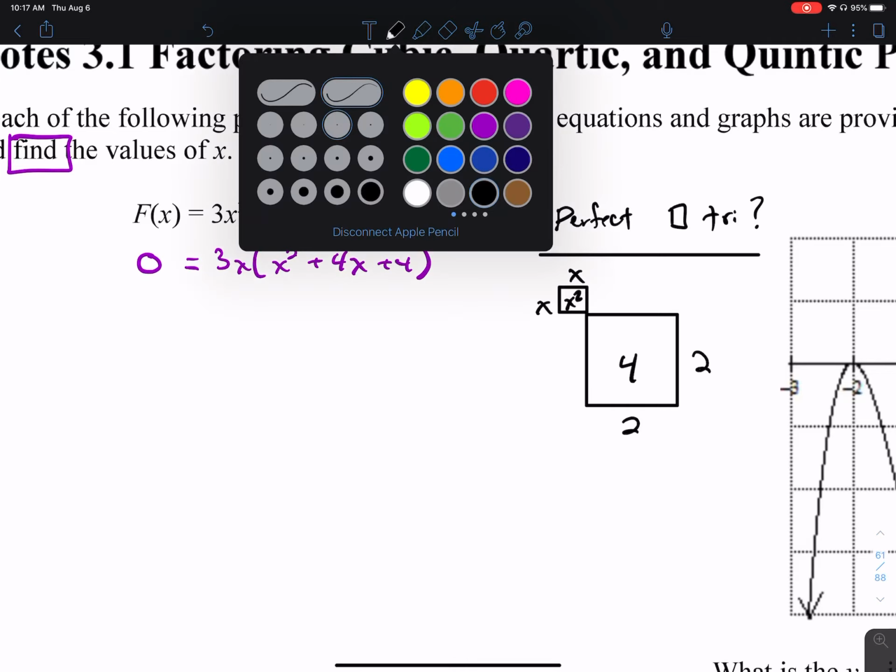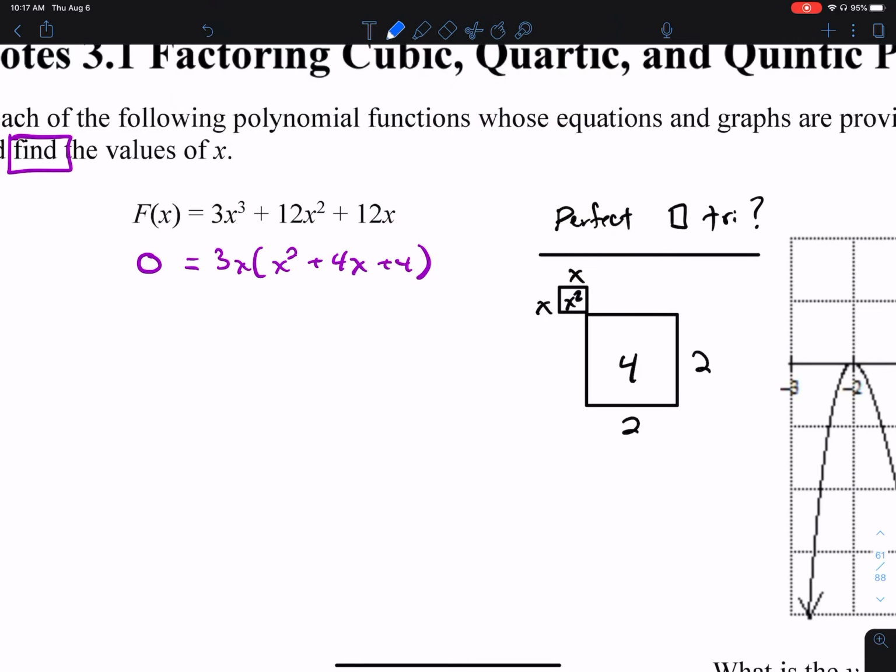So that means if this is actually a perfect square, this rectangle here would have dimensions x by 2. So that would make this 2x. And this rectangle here similarly has dimensions 2 by x, which makes this 2x.